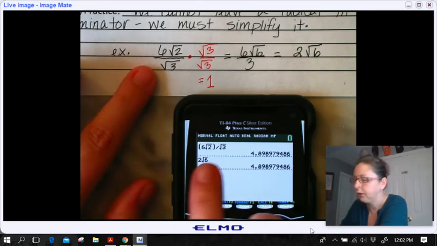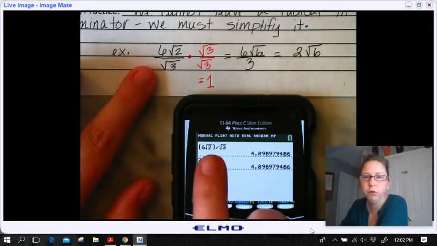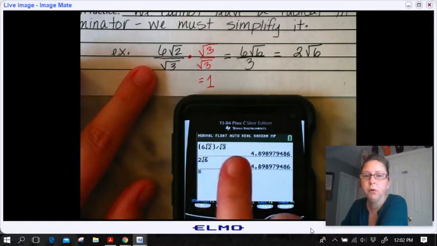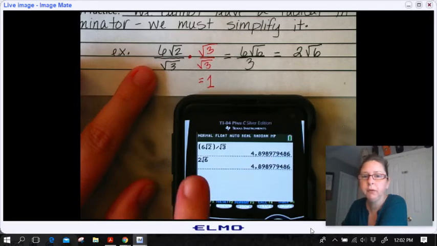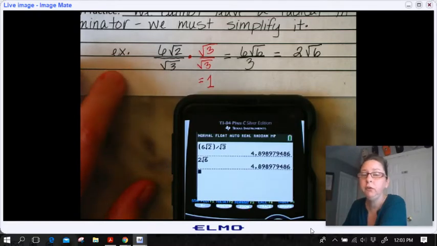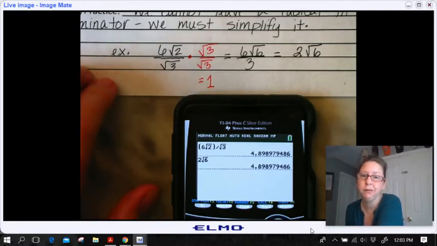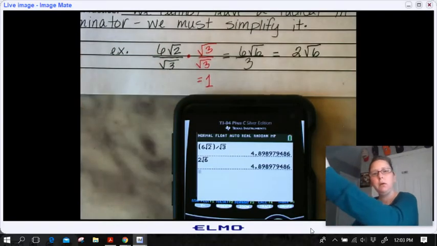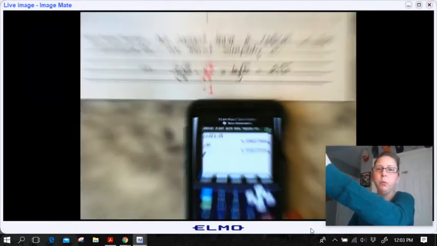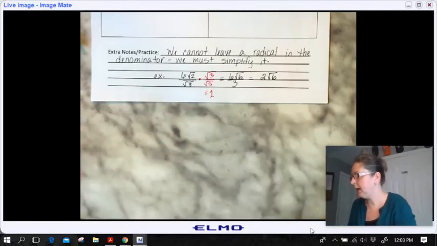In my calculator, I just had to put the 6 square roots of 2 in parentheses before dividing by the square root of 3. Then I typed in 2 square roots of 6, and they come out to the same decimal value. So I didn't change the value of what I have. I just changed how it looks. So we will use that today during our lesson.